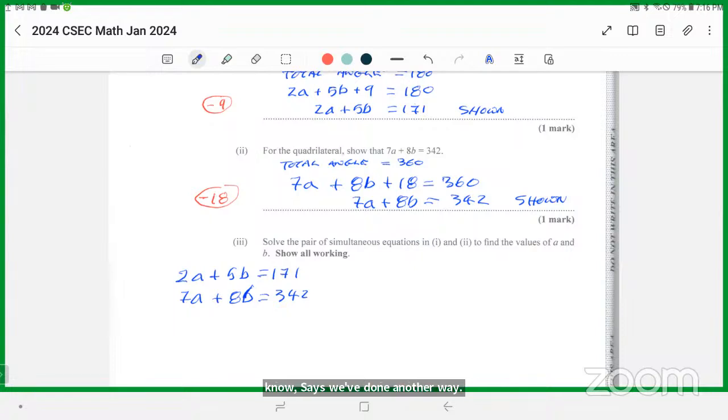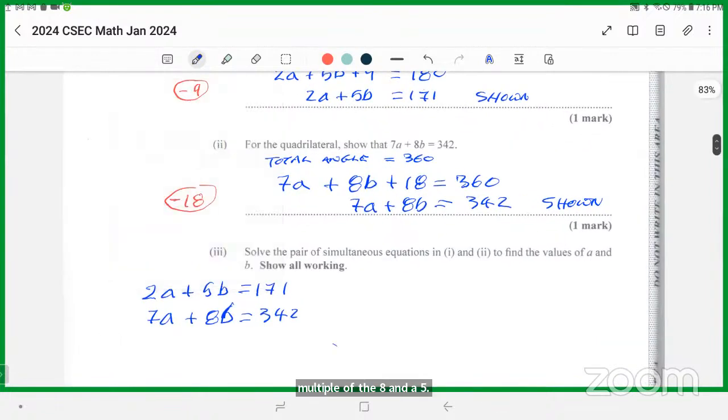So I'm looking for the lowest common multiple of the 8 and the 5. What's the lowest common multiple of 8 and 5? 40. Good. So I'm going to make the B values the same. Because I did it the other way where I eliminate the A's already, if you watch the video, you're going to see that way. I'm going to do it the other way this time.